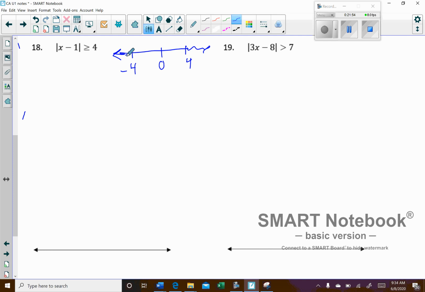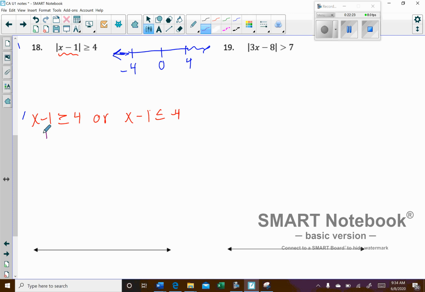The only thing is there's an expression in here, so there's a little more going on. You're going to have to do a little algebra. So this is not quite what our number line is going to look like at the end. We're going to take x minus 1. It needs to be greater than or equal to 4, or x minus 1 can be less than or equal to -4.